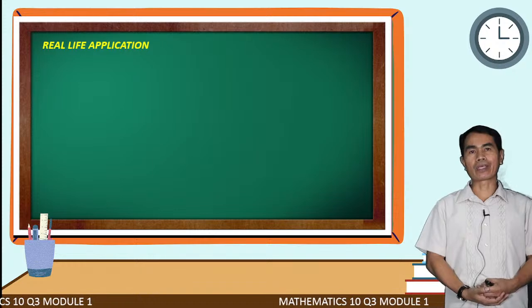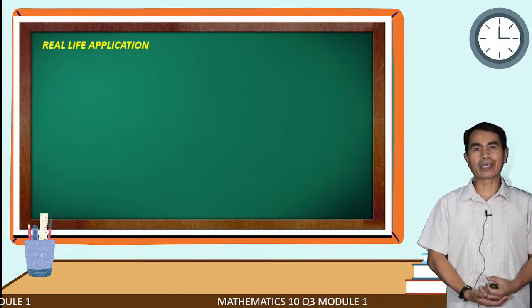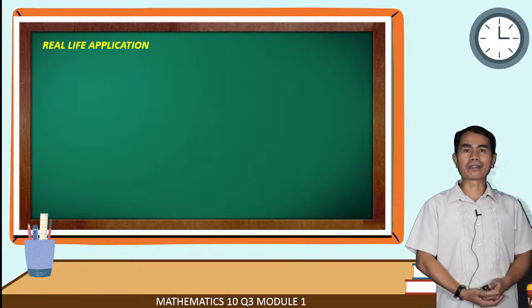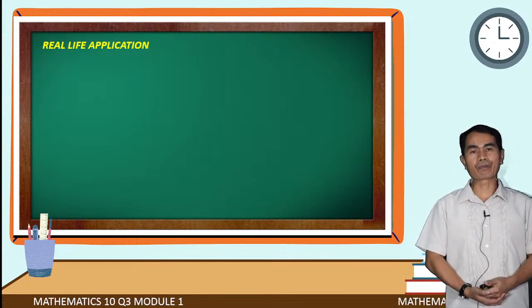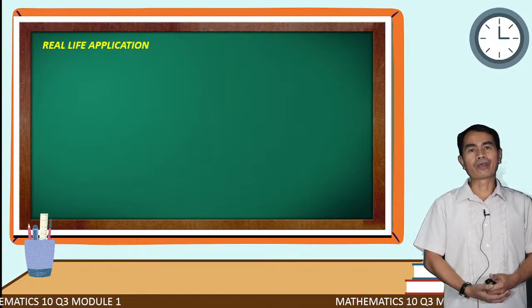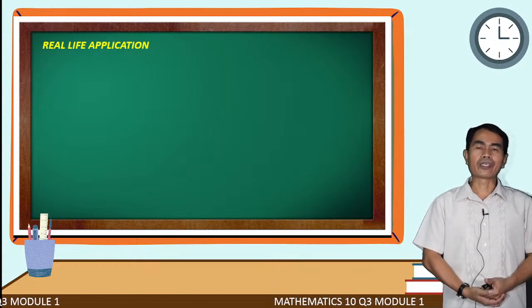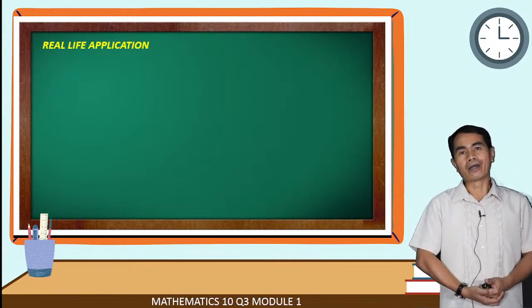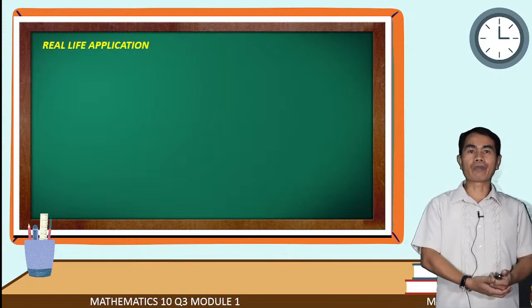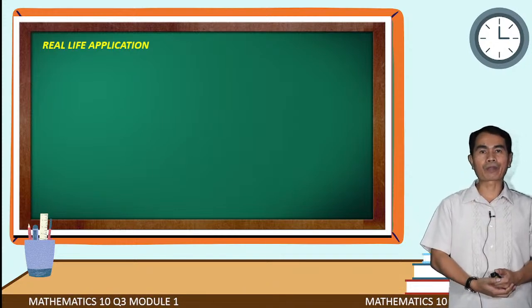A while ago we discussed the importance of permutation in real life. Let's say in making your passwords for your cell phone, a 4-digit password, or creating your personal identification numbers for your ATM account, we are actually using the concept of permutation.